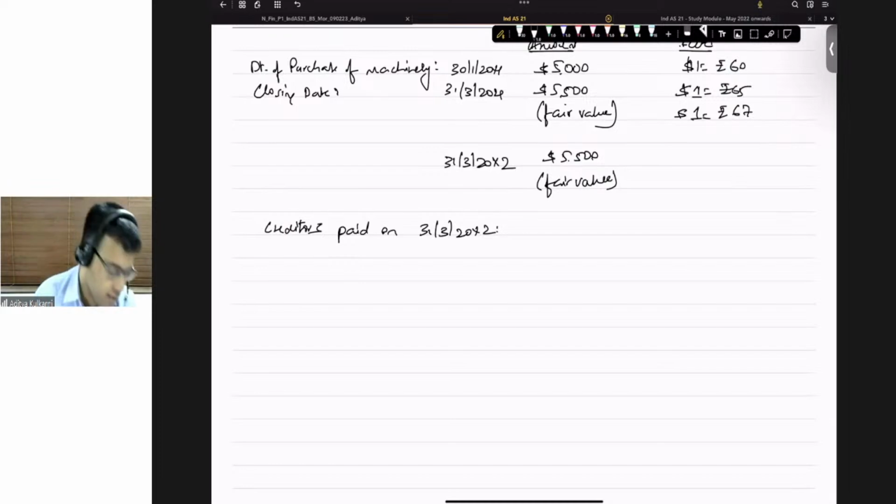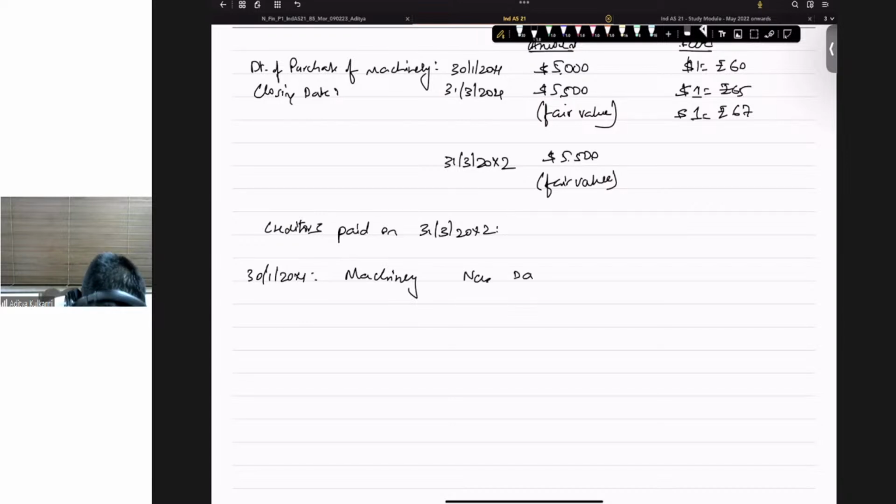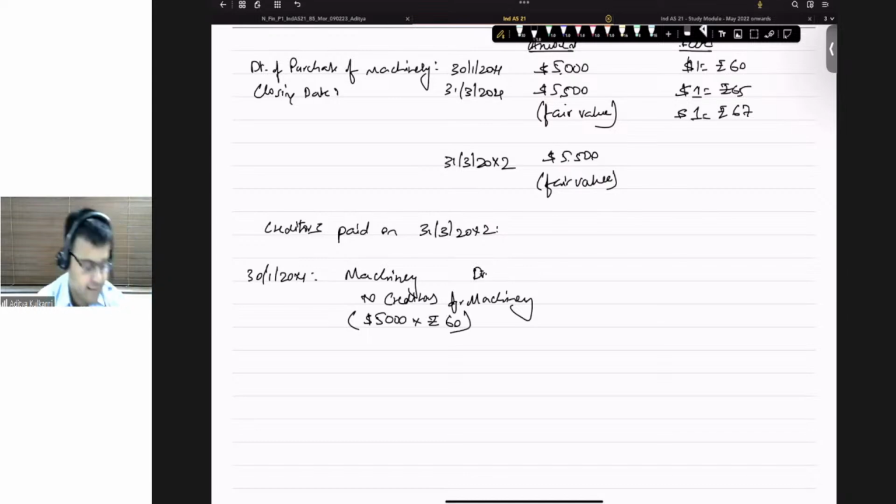So first thing is purchase of machinery, on 30th January 20X1. $5,000 into rupees 60.